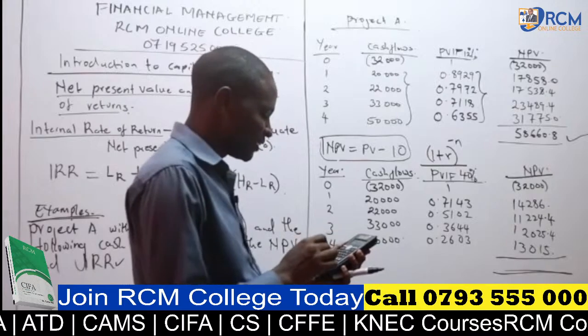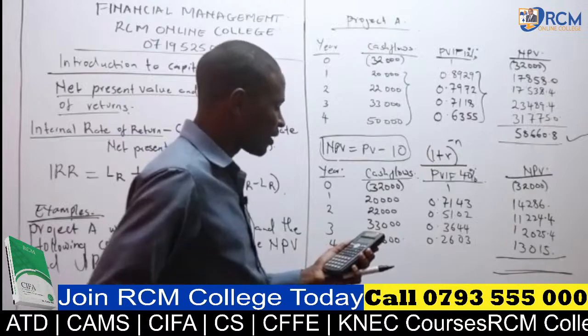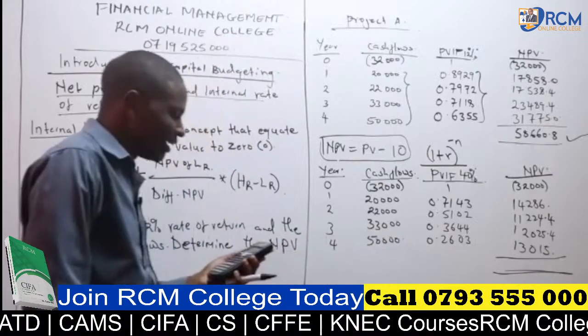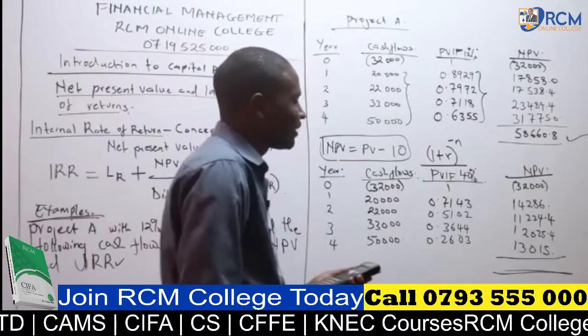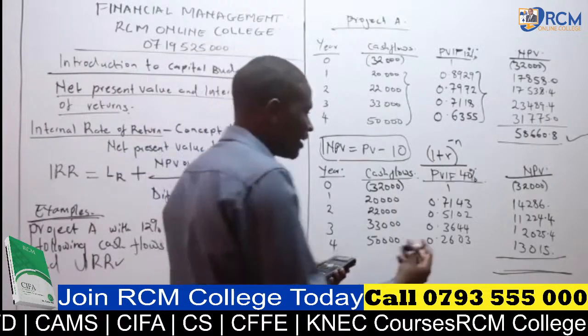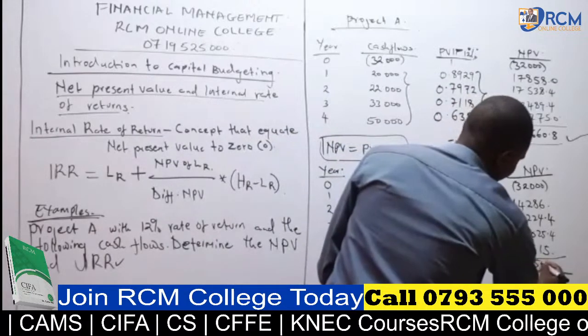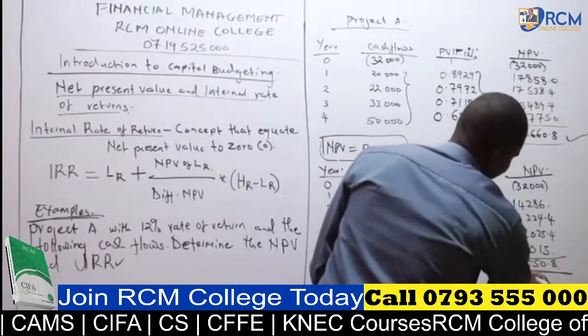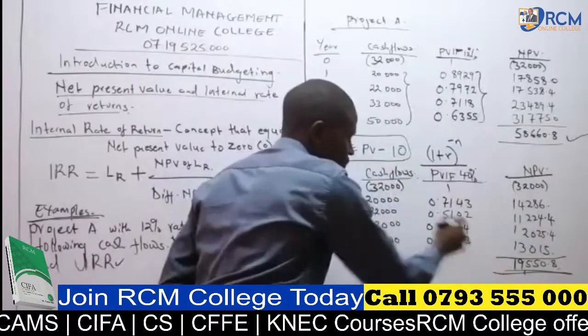It has just reduced with a very small margin, minus 32,000, 19,550.8. 19,550.8 as my NPV. Still, this NPV is not negative, but at least it has reduced from 58. We have reduced to this.